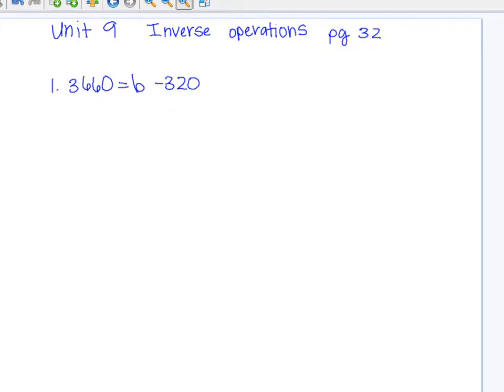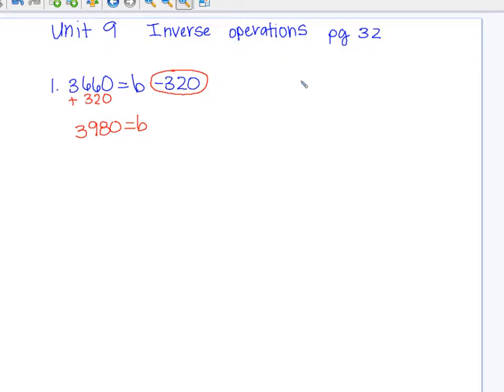So the inverse, instead of minusing 320, because that's the operation, I'm going to take it to the other side. I'm going to do the opposite. I'm going to add 320. So that gives me 3,980 equals B.